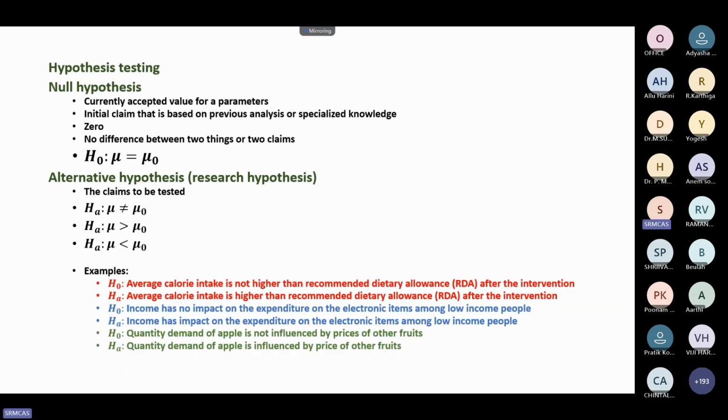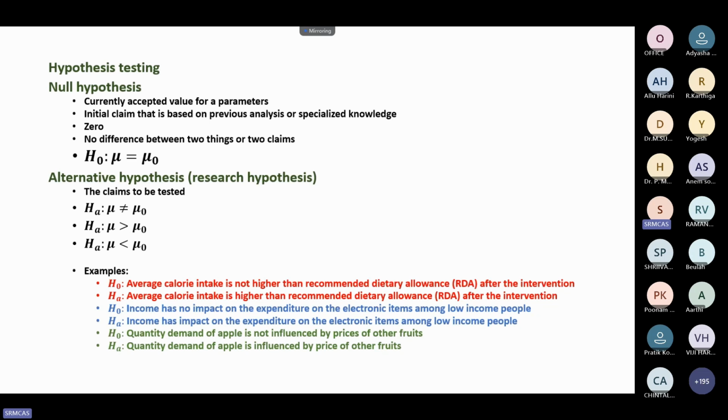Then another example: the quantity demanded of apple is not influenced by the prices of other fruits. It is not like that always, but usually the quantity consumption of apple is highly influenced by the prices of other fruits.